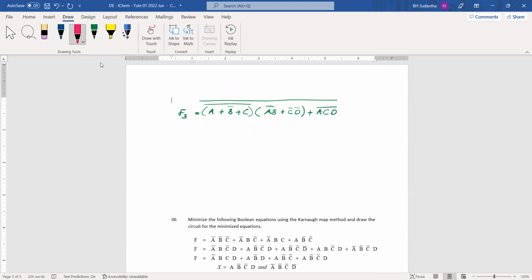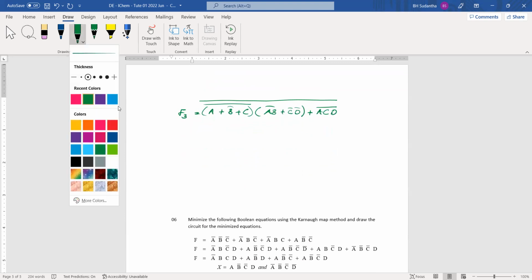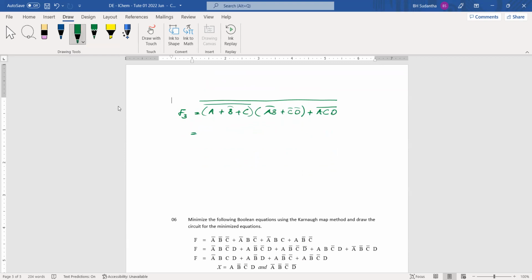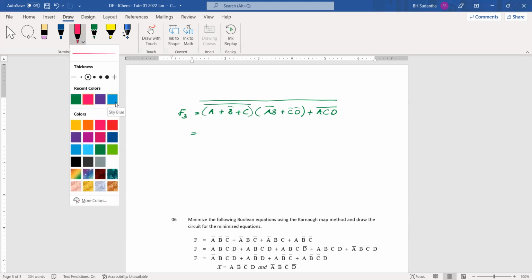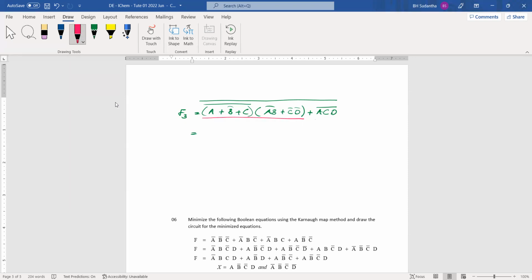Here also same thing we can do. Apply De Morgan's theorem to break these into 3 terms. First here we can see this plus. This is 1 term. This is 1, this is another one, because here we have O here.